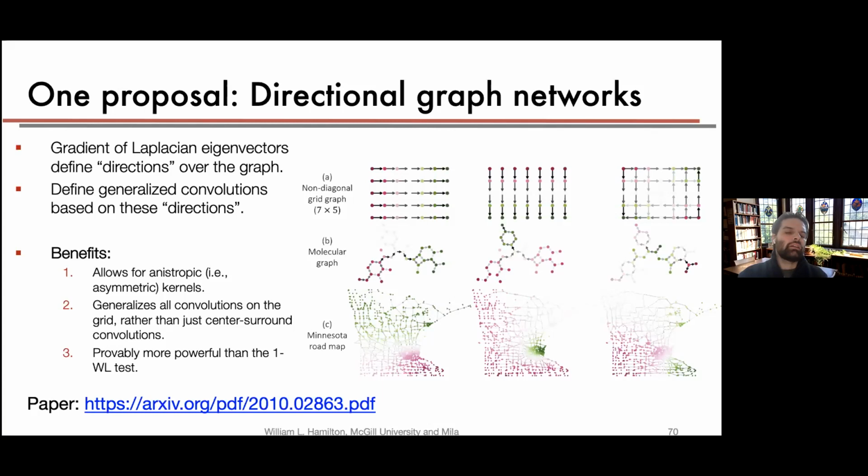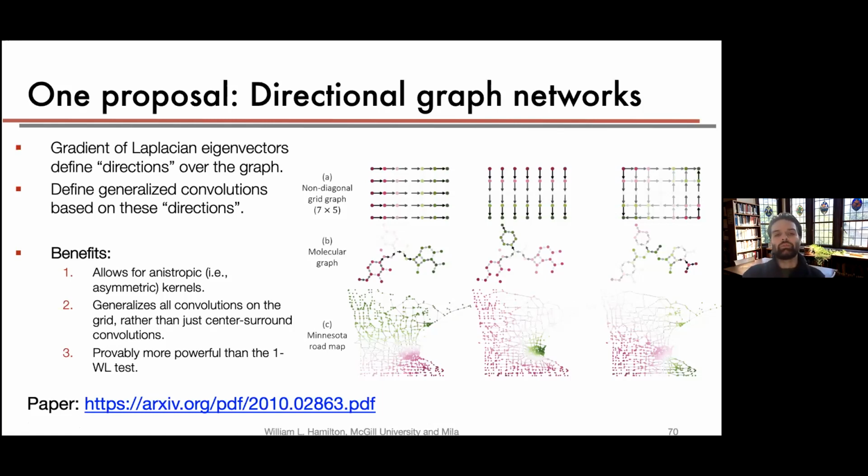But the idea that we had in our work is that we actually use the eigenvectors, actually the gradient of the eigenvectors of the Laplacian, to define canonical global directions over graphs. And these actually define really natural directions. So I'm showing here, for example, in this Minnesota roadmap, that if we look at the directions specified by the gradient of the eigenvectors, they give us kind of north-south, suburb versus city, and east-west directionalities that we can then use to define, in some ways, more traditional types of convolutions.